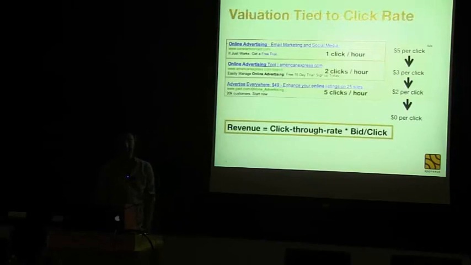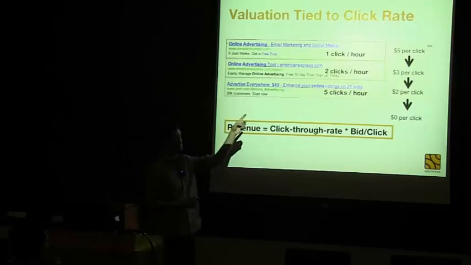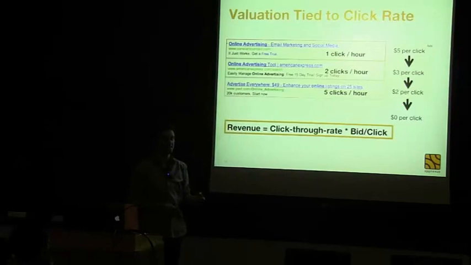And the second major innovation, which actually seems very simple in retrospect, it's hard to believe that nobody else was thinking about this, was that Google tied valuation to click-through rate. What this means is that they very smartly realized that just because somebody bids more per click doesn't necessarily mean that Google is going to make more revenue or effectively more profit off of that.